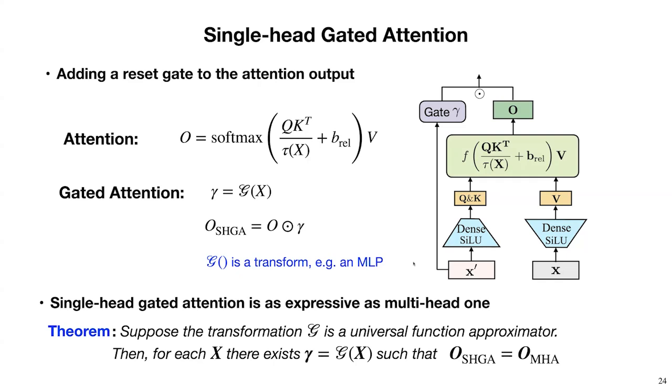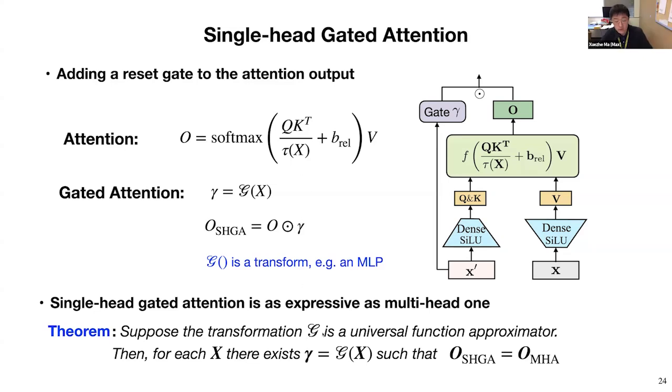But doesn't it block sparsify the matrices because they become D times D over H? Yeah, for each head we have D over H, but we have H heads, so we put H back when we compute the whole cost. And for memory, because we need to compute H times of this matrix, whose shape is n times n, the memory cost is H times larger than single head. Okay, got that.